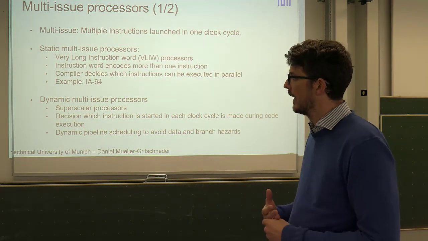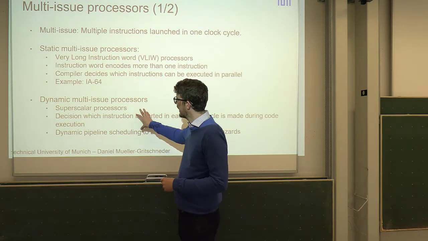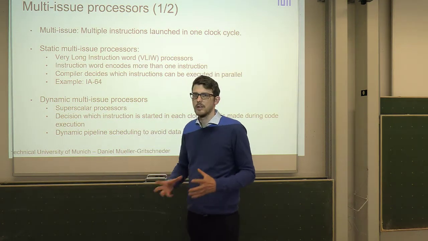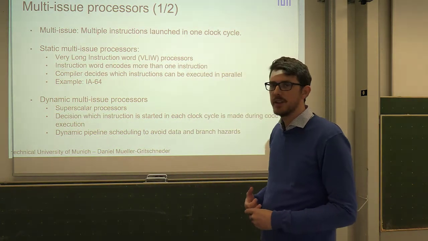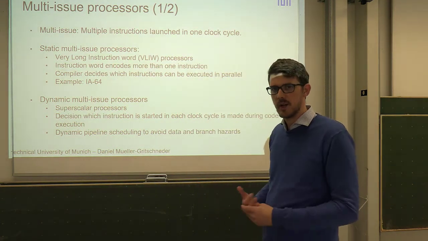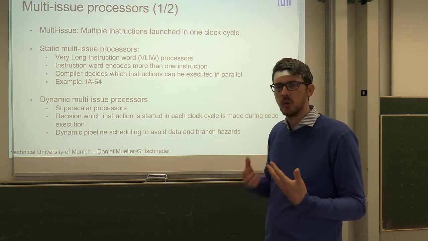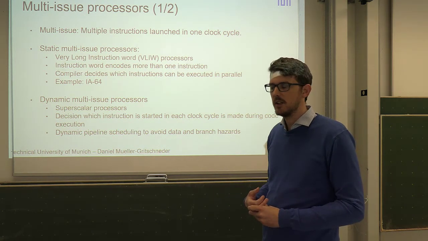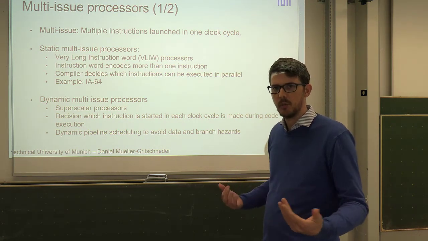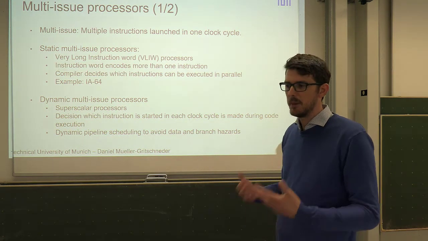So this is static. The other option is a dynamic multi-issue processor, which is what is called a superscalar processor. This processor fetches more than 1 instruction, a complete block of instructions, then finds out what the dependencies are, and feeds the instructions into more than 1 parallel pipeline, so it tries to get the CPI below 1.